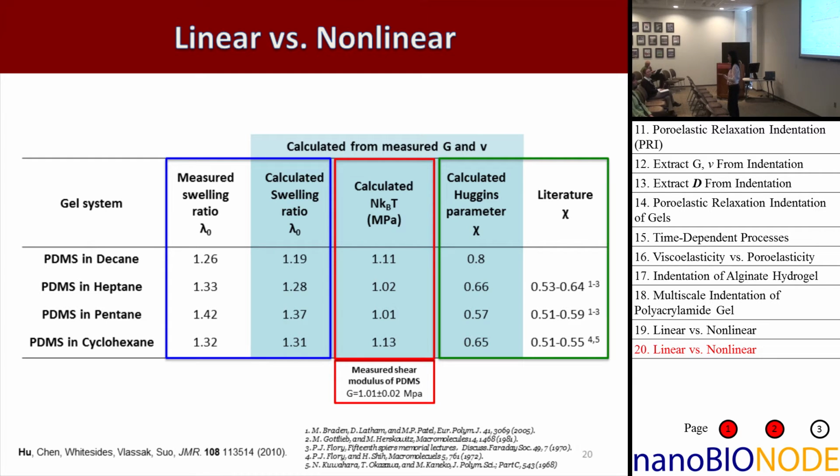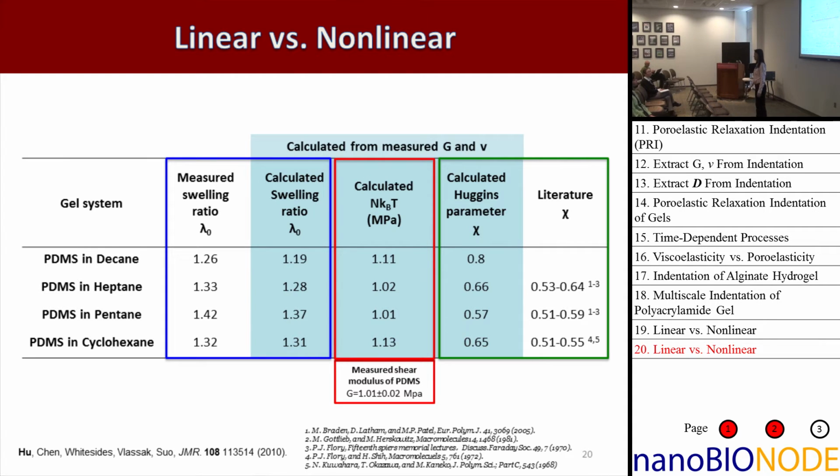For PDMS, it's okay. It's still in a rubbery state before you swell it in liquid, right? But for other normal hydrogels, you can't do that. If it's dried, it's in a glassy state. Even before it totally dries, your sample will break into pieces, right? You can't do that.